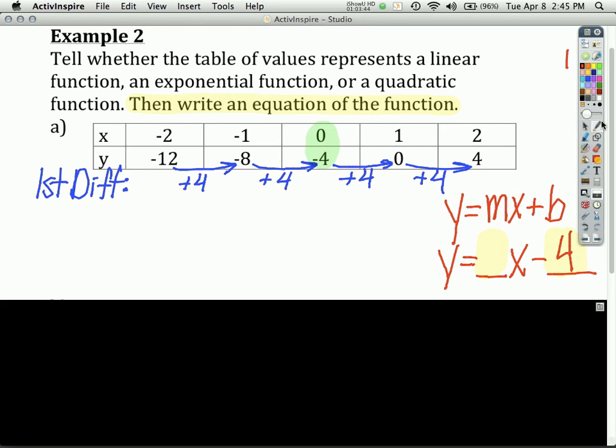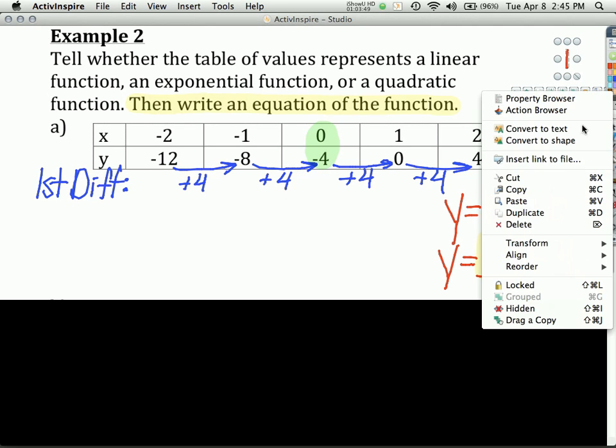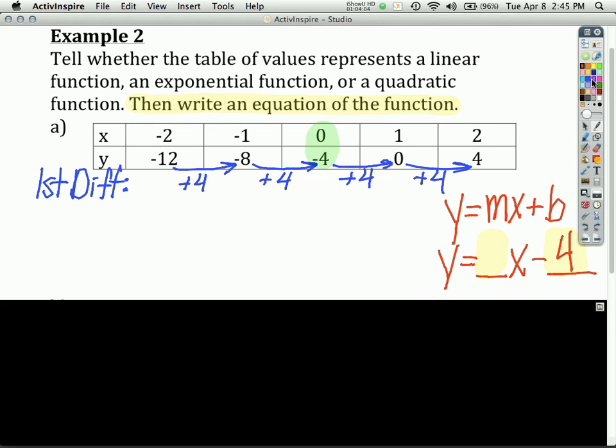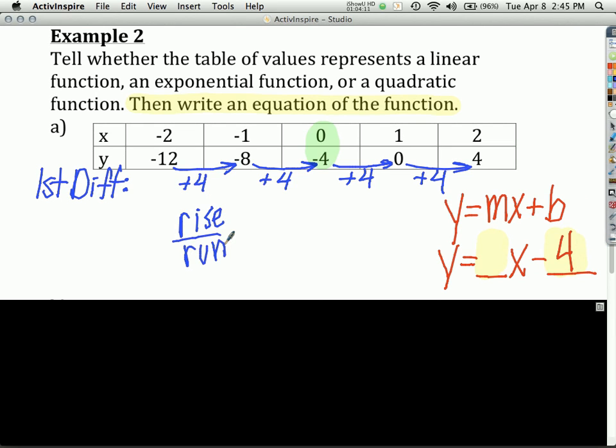So now, the slope. Ziomara says that the slope is +4. And she is correct, but I'm not sure if she knows why she's correct. She's correct because slope is rise over run. But see, we only have the rise. What's the run? Danielle?